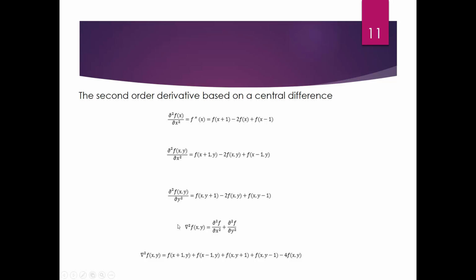As we know, the Laplacian operator, del square f(x, y), is del square f by del x square plus del square f by del y square. So if we combine these equations, that will represent the Laplacian operator.